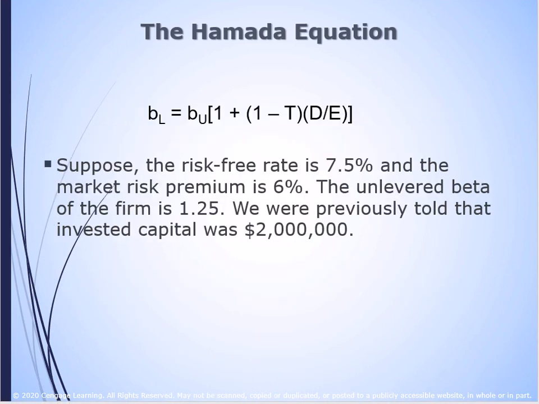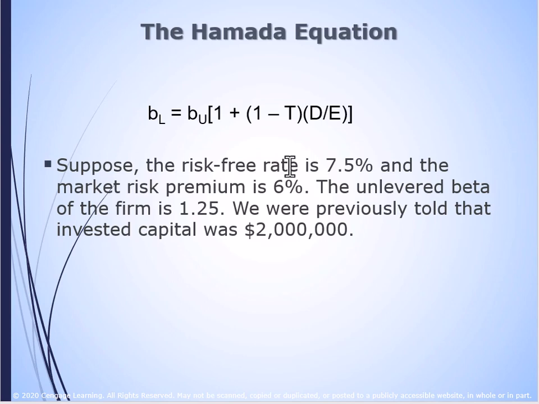So what does this formula look like? The beta of a levered company equals the beta of an unlevered company multiplied by 1 plus, now this is 1 minus the tax rate, times the debt equity ratio.